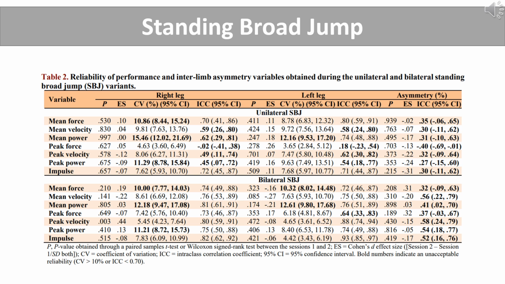But generally speaking, we can see that velocity, force, and impulse, these metrics tend to be quite reliable, which is really useful, and shows that we can gather some meaningful data when we conduct a standing broad jump assessment on a force plate beyond just jump distance, and that this type of data is usable because this is a between session reliability study.